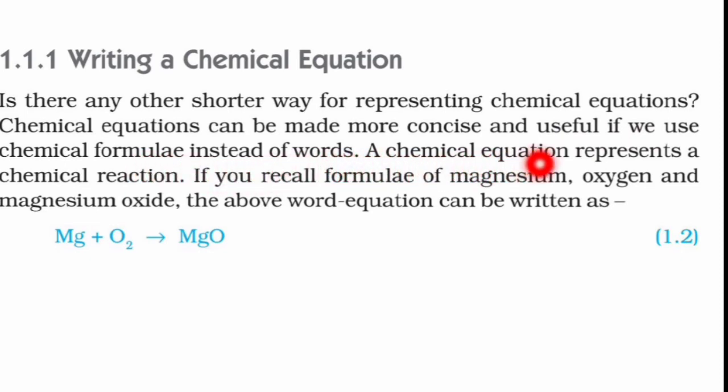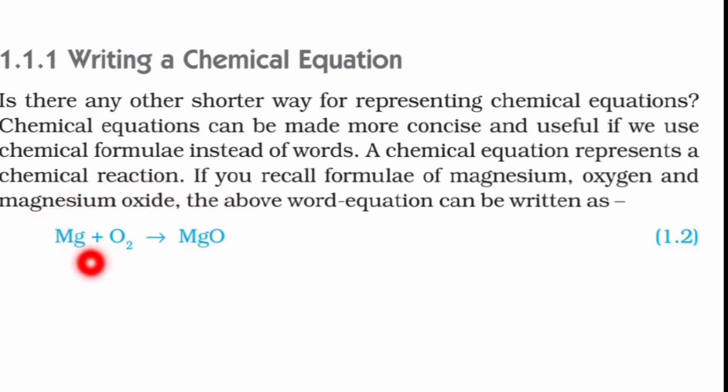A chemical equation represents a chemical reaction. If you recall the formulas of magnesium, oxygen and magnesium oxide, the above word equation can be written as Mg plus O2 gives MgO. That is, magnesium plus oxygen gives magnesium oxide. So this is the symbolic representation of the chemical equation.